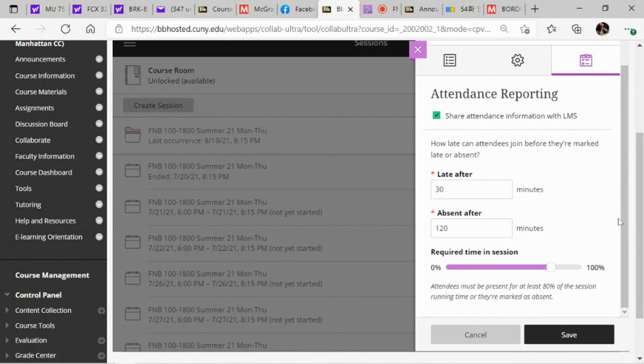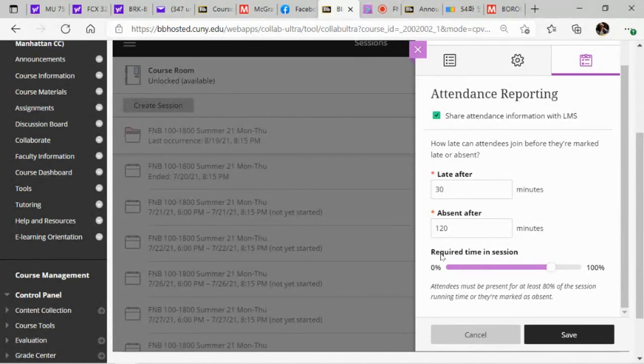Now think about it. This is a 2-hour, 15-minute class. So it's 135 minutes, right? So if you are logging into Blackboard and logging into Collaborate after 120 minutes, after 2 hours, you are practically absent from class.